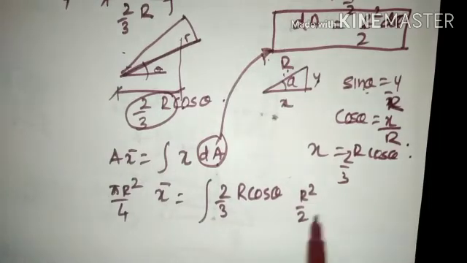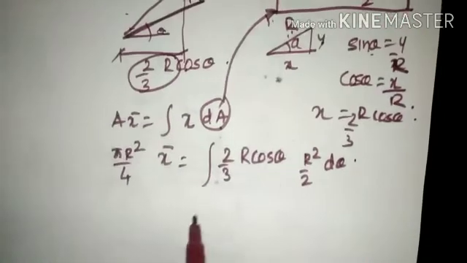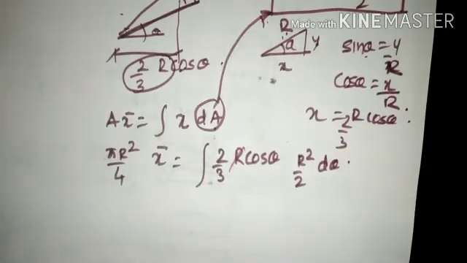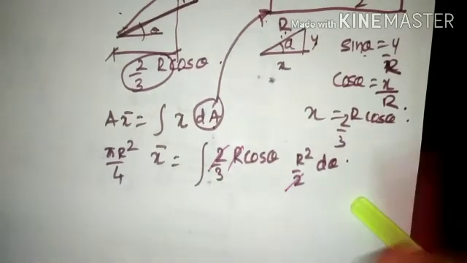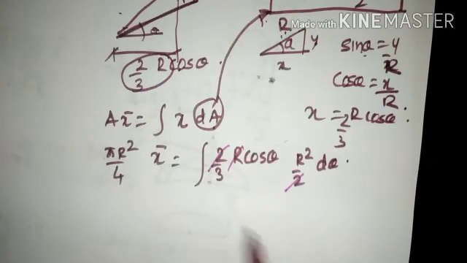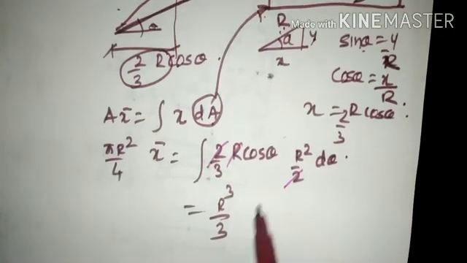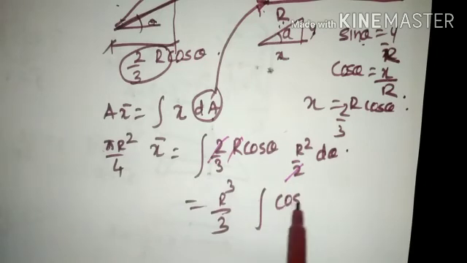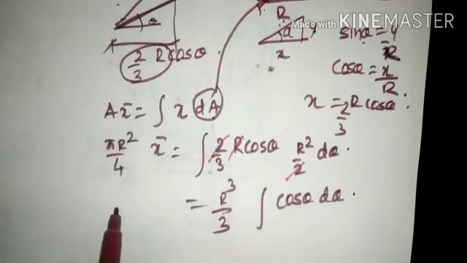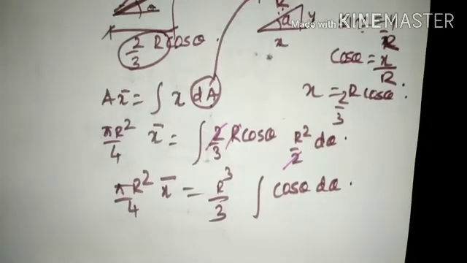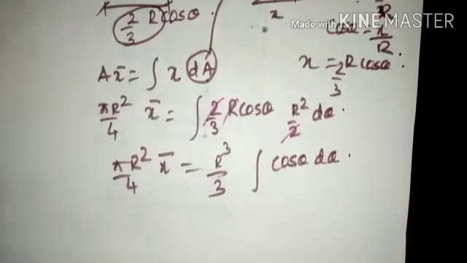The 2s cancel, and r and r square multiply, so this will be r cube by 3 taken outside, integration of cos of theta d theta, equals pi r square by 4 x bar, the left term kept as it is.